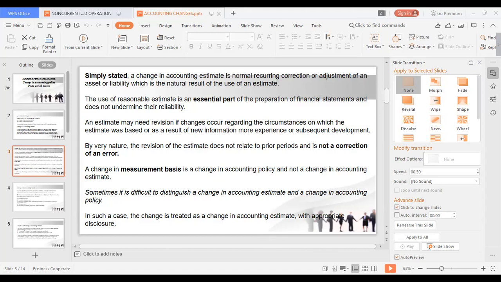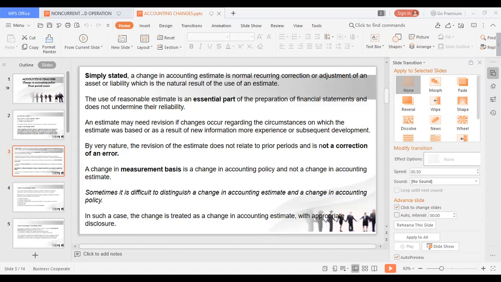So what pre-tax amount should be reported as the cumulative effect of change in accounting policy and the statement of retained earnings for 2020? So in the statement of retained earnings for 2020.